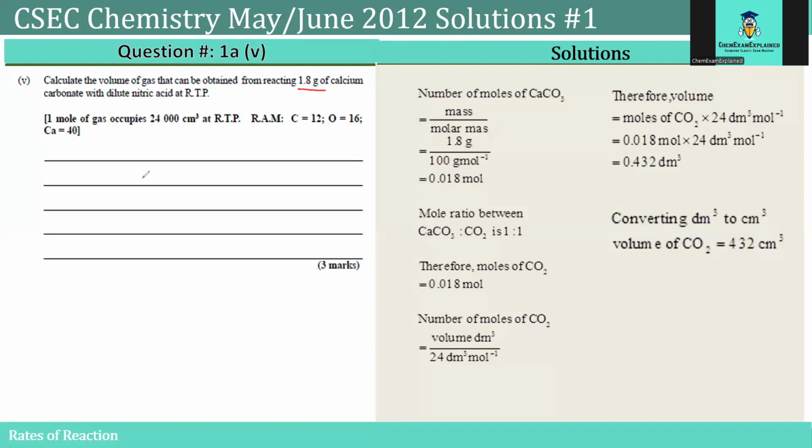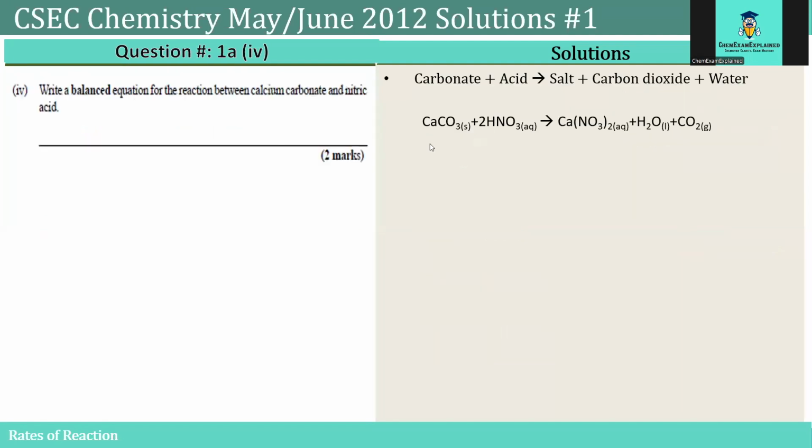If you look back at the equation, we must look at the mole ratio between the calcium carbonate and the carbon dioxide. You see that we have carbon dioxide here and we have calcium carbonate here. What is the mole ratio? Because the equation is balanced, the mole ratio is 1:1. So what does that mean? Once we know the moles of calcium carbonate and the mole ratio is 1:1, then we know the moles of carbon dioxide.